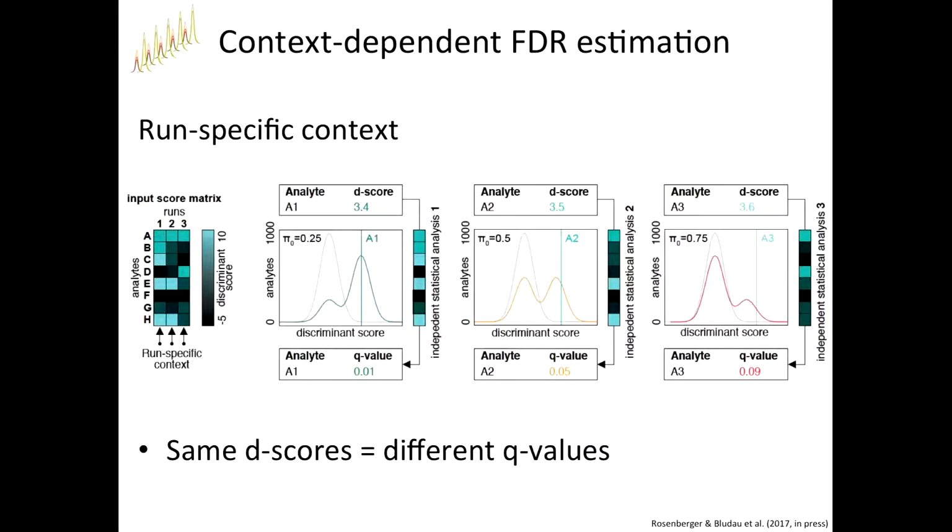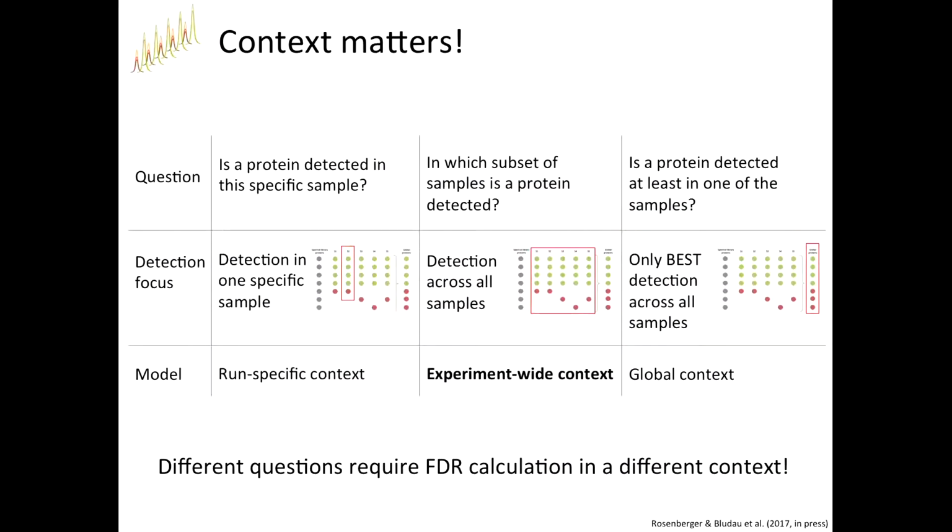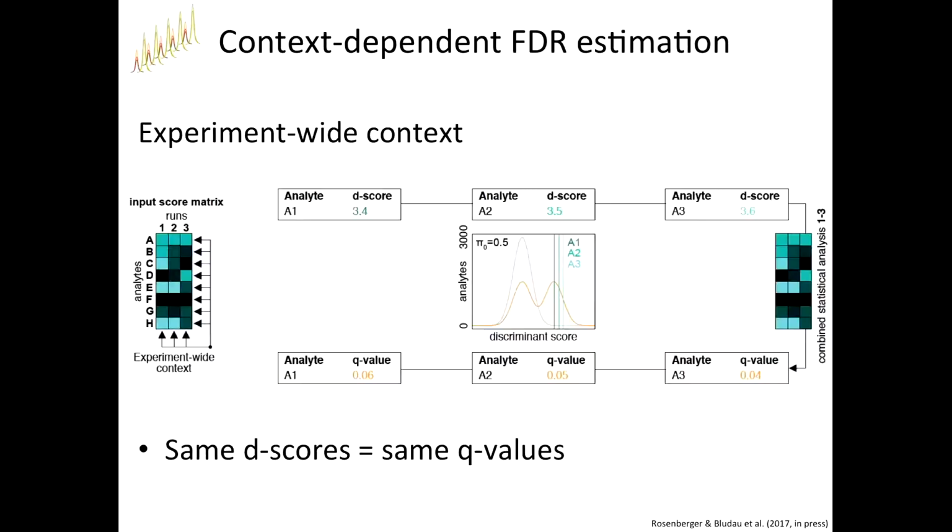So one way that a better comparability between runs is possible is with an experiment-wide context. And here you're interested in which subset of samples a protein could be detected in. And then you're interested really in the entire matrix here. For this, you basically can take the discriminant scores across all the samples in your study.